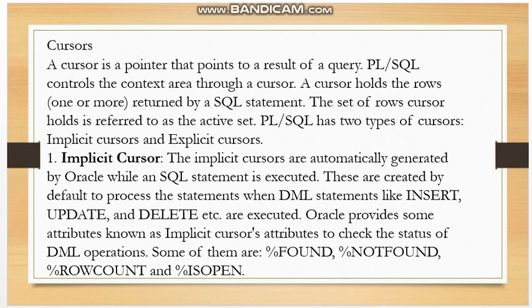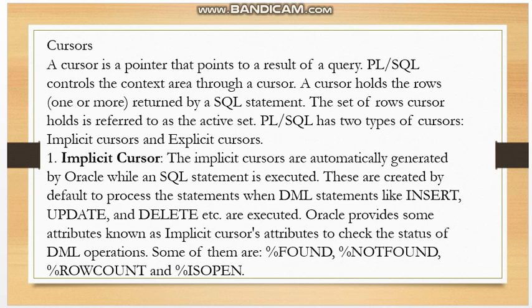They are created by default to process the statement when DML statements like insert, update and delete are executed. Oracle provides some attributes, known as implicit attributes, to check the status of the DML operations.